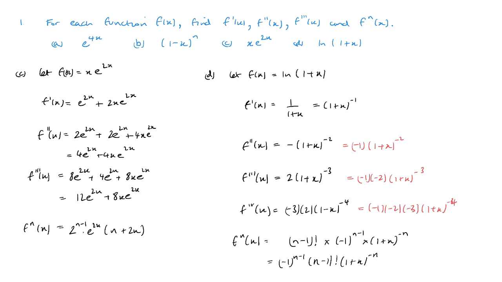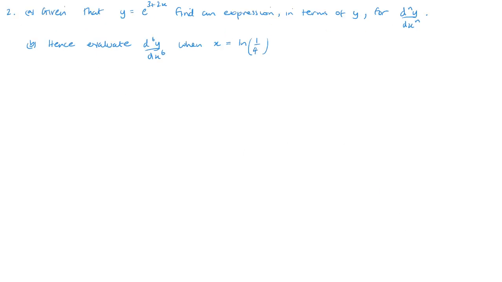Now let's look at number 2. This one's going to be, I think, a lot easier. Okay, so it's like the example. So we've got y equals e to the 3 plus 2x, and we're going to differentiate. So we get 2e to the 3 plus 2x.